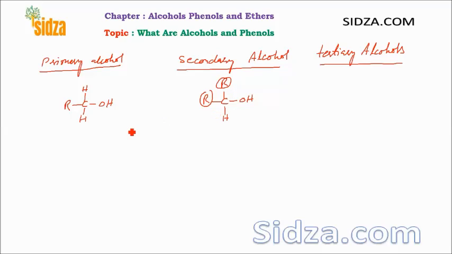And in a tertiary, the carbon attached with the OH has three alkyl groups, and these three alkyl groups may be the same or different. So that means alcohols are further classified into three categories: primary alcohols, secondary alcohols and tertiary alcohols, based on the number of alkyl groups attached to the carbon, right?